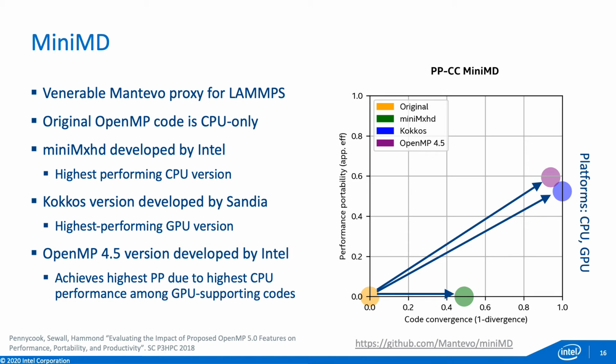But this OpenMP 4.5 code trades off a little bit because it has some target regions that aren't supported by the CPU or that aren't useful for the CPU, and some CPU code that is not used on the GPU. And again, we can see that there's a slight trade-off here. OpenMP 4.5 runs a little better on the CPU, not quite as well on the GPU actually, but overall it's buoyed by that and has a higher performance portability score while having slightly lower convergence.